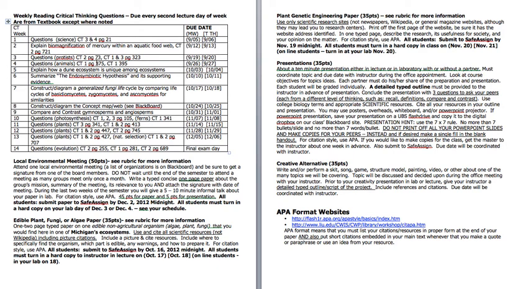So what you'll find are the page numbers, the questions that you're asked to answer, and just the general topic description. Not all of them come from the book. Like in week number 5, explain how a dune ecosystem is unique among ecosystems.